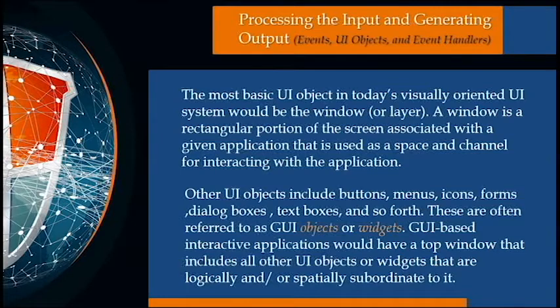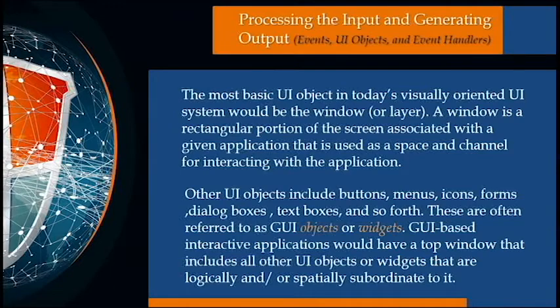So whenever you open My Computer, that is a window. If you open an application, that is another type of window. Other UI objects include buttons, menus, icons, forms, dialog boxes, text boxes, and so forth. These are often referred to as GUI objects or widgets.